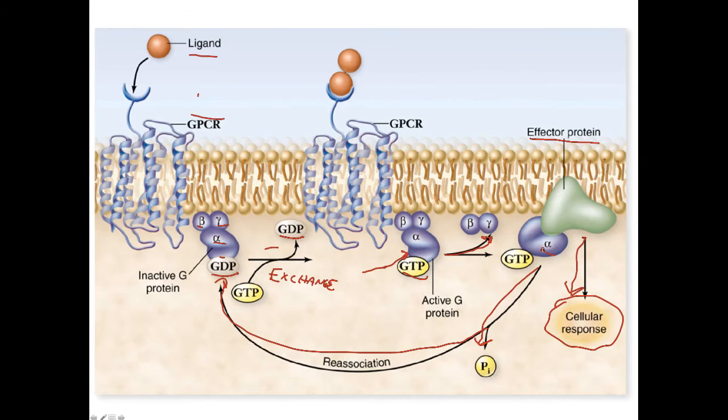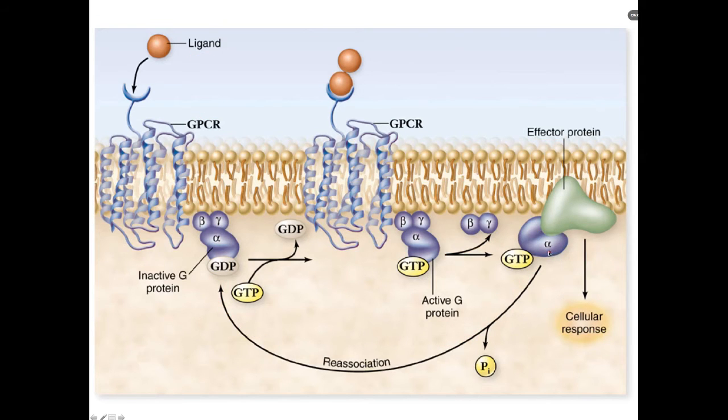We're going to focus on the alpha subunit bound to GTP and the effects it causes on effector proteins, such that the effector proteins will elicit various cellular responses. And that's what we're going to be concerned about right now.